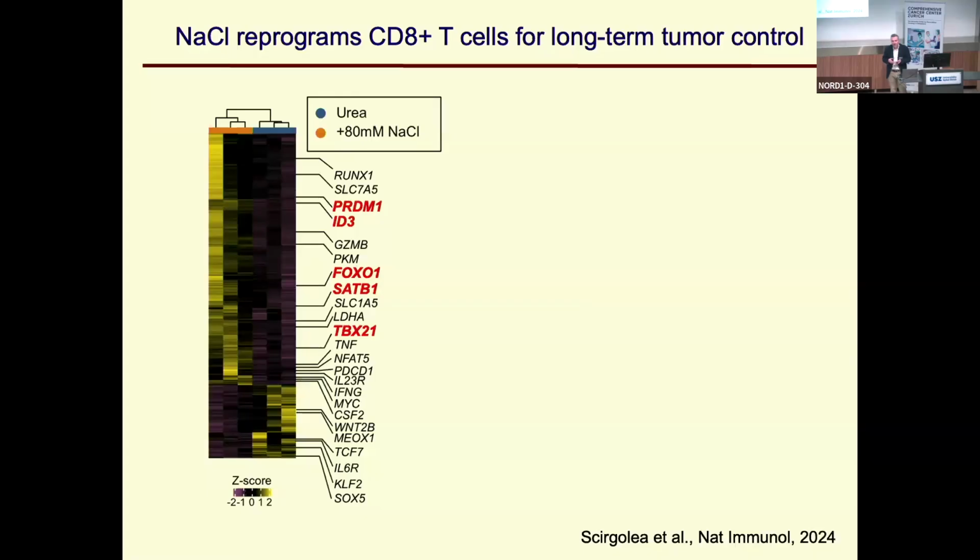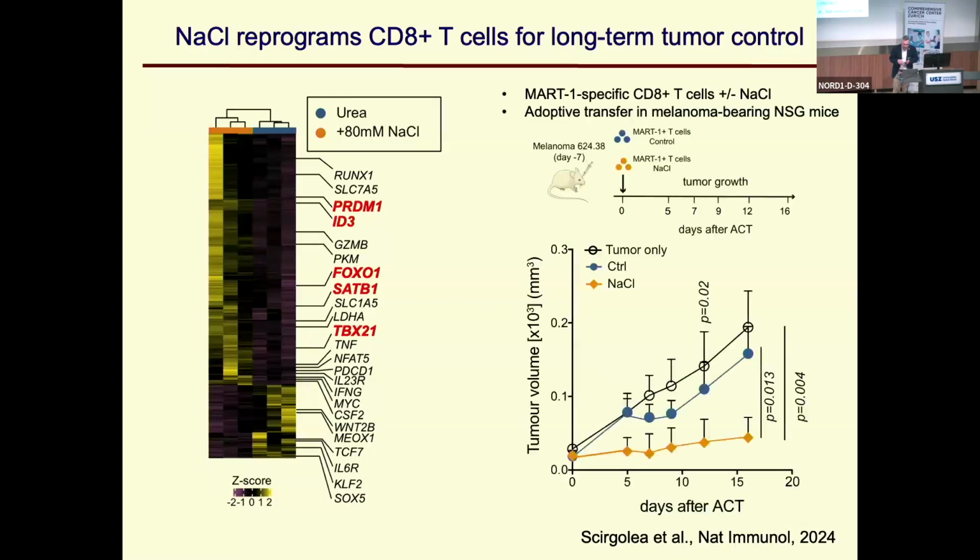This is bulk RNA-seq of the cells cultured with supraphysiological levels of sodium chloride, and basically you see those genes highlighted in red are effector genes such as TBX21 or PRDM1, but at the same time memory genes in the same population. And again, this is translated into better tumor control when we transfer them into a solid tumor model of melanoma.